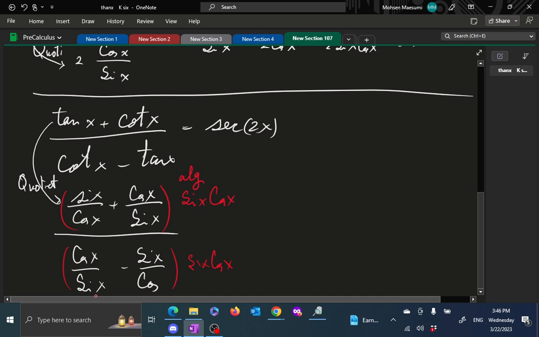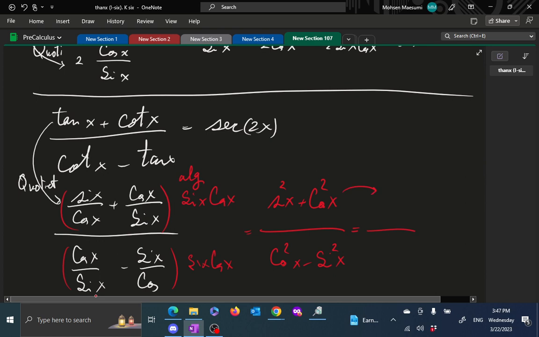What does it do? You get sine square of x plus cosine square of x. Is that right? When I multiply this by that, cosines cancel and I get sine square. When I multiply this fraction, sines cancel and cosine gets squared. In the denominator, I get cosine square of x minus sine square of x.